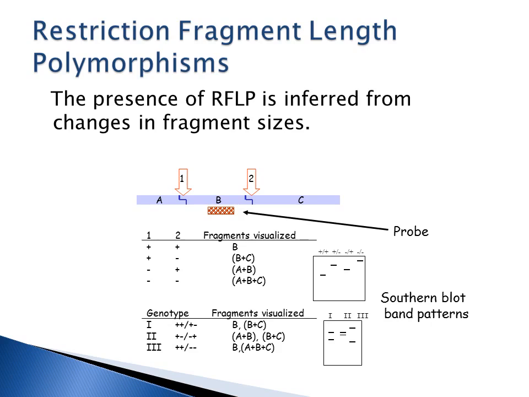You hybridize your probe, you wash off all the excess probe, and then you visualize your banding pattern. And depending on the method that you used, if it's radioactivity, you're going to do an auto-rad, you're going to use X-ray film. If you use chemiluminescence, that would be a colorimetric technique. So depending on which method you use, you're going to look at your bands in various ways.